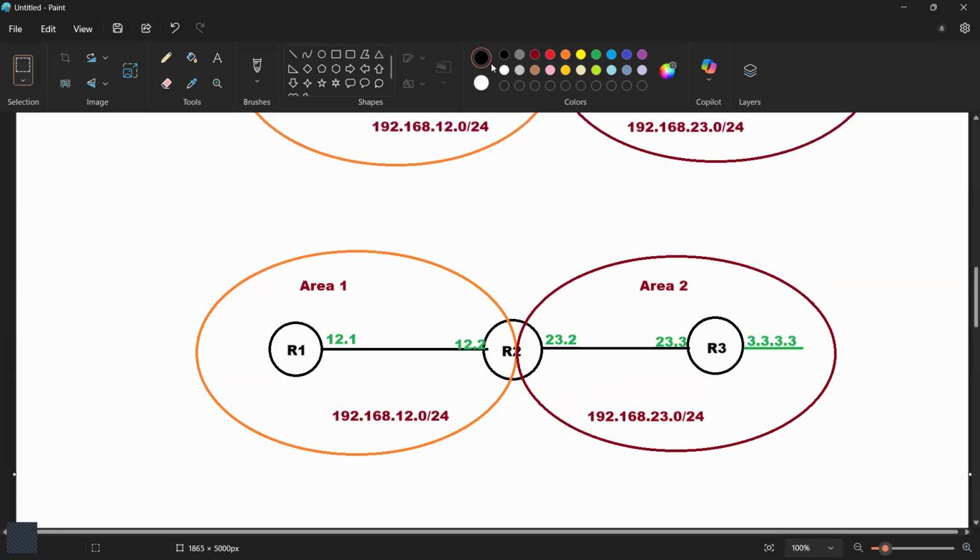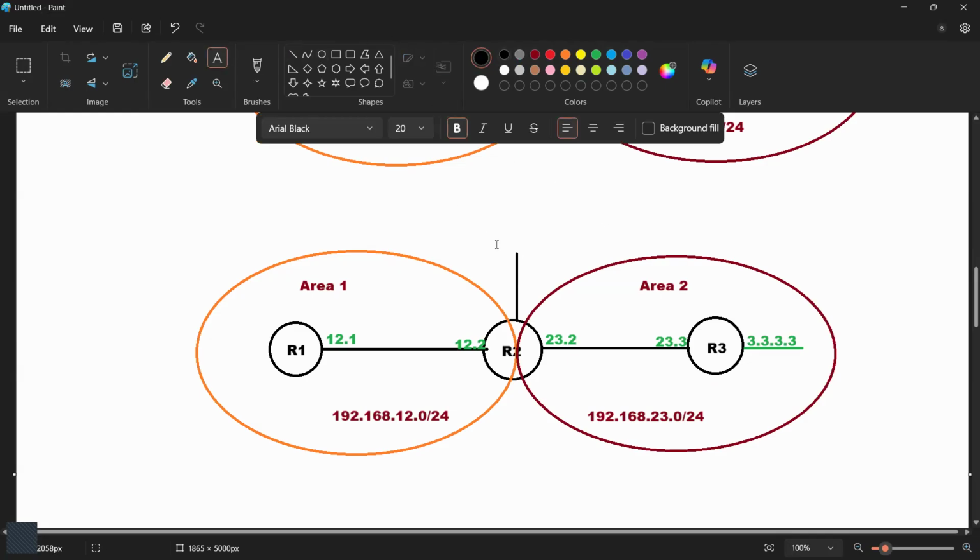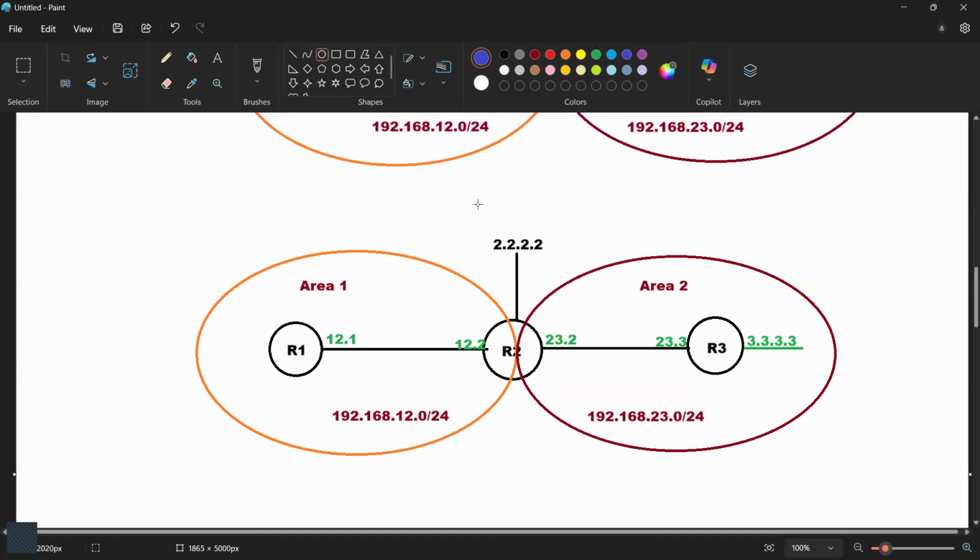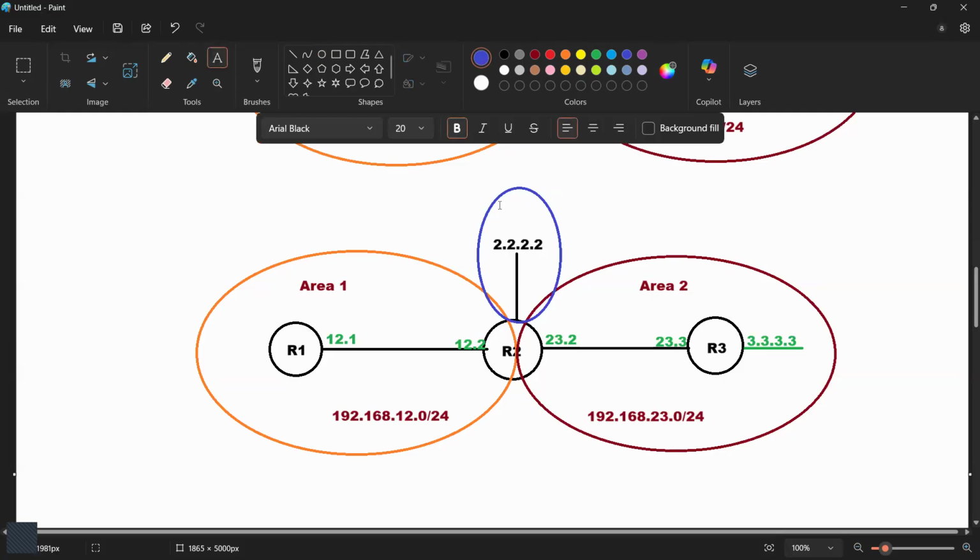Now, these two areas are not communicating right now, but imagine I create a loopback on R2. I configure a loopback on R2, let's say something like 2.2.2.2, and I advertise this loopback in area 0.